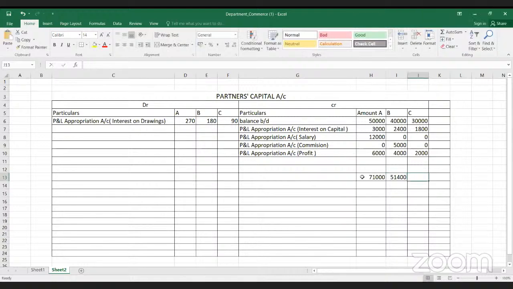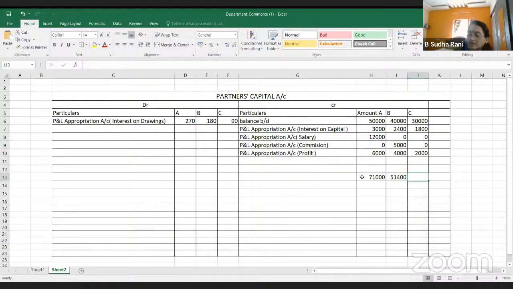Yes, ma'am. 33,800. Done. So here also the totals: actually debit should equal credit. This is what the accounting rule says, but there is no equality, so find the difference.